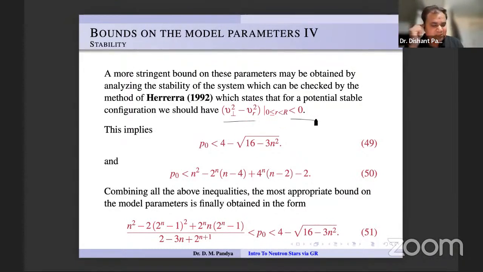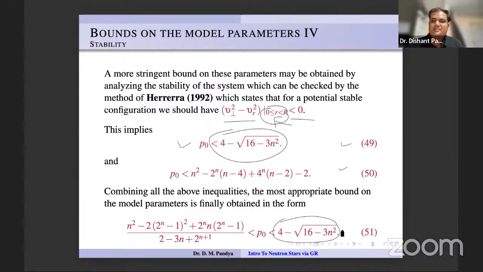If you consider this difference, it should be less than 0 throughout the fluid distribution. Once you use that expression, you will have other conditions, 49 and 50. So now we are imposing another condition here, and then we found the smallest number on the right-hand side, given by equation number 51.